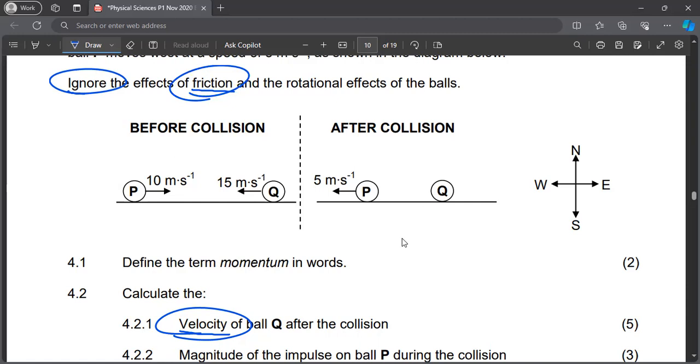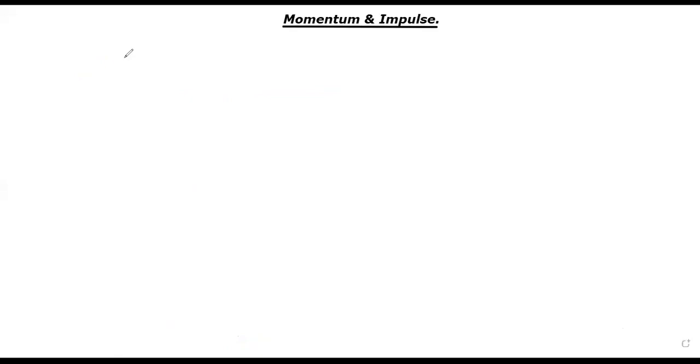So let's go to the whiteboard for that. Now, what does this principle say? It says the total linear momentum in an isolated system before the collision is equal to the total linear momentum after the collision.